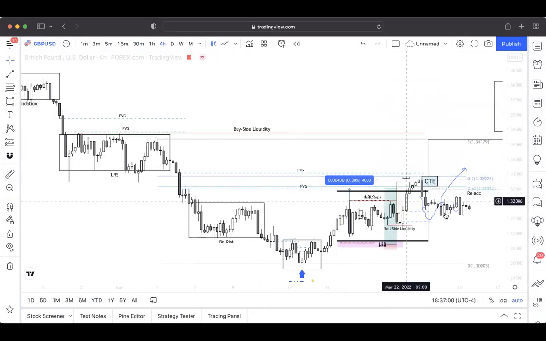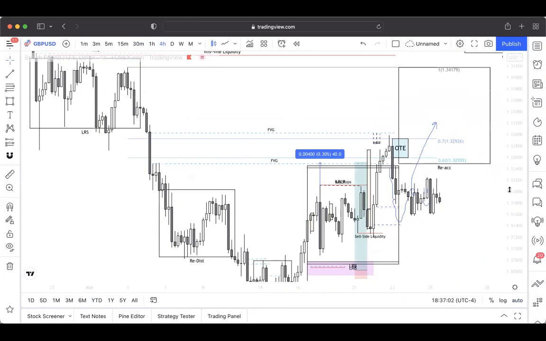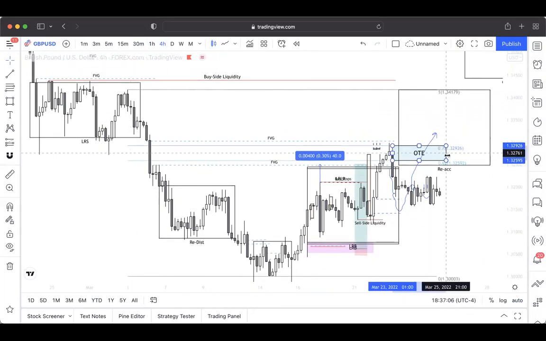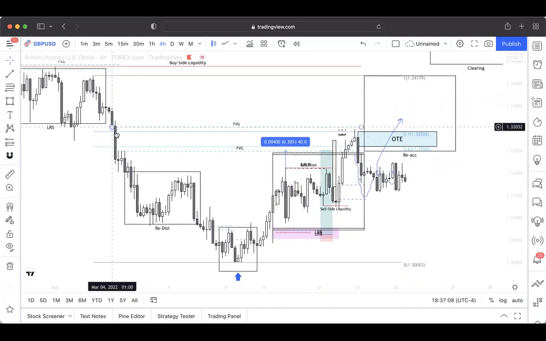Here we have this fair value gap, and this optimal trade entry was aligning with the fair value gap. So here is this impulse candle, and we have this wick and this wick, and technically you can see that it's perfectly aligning with the optimal trade entry.